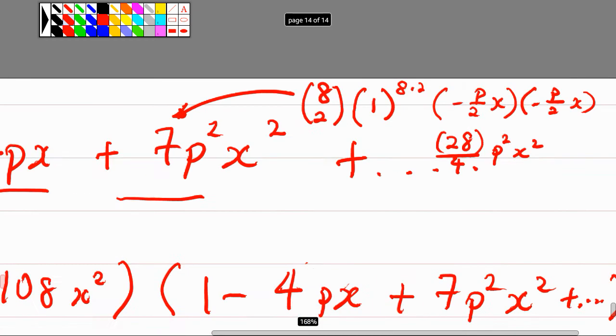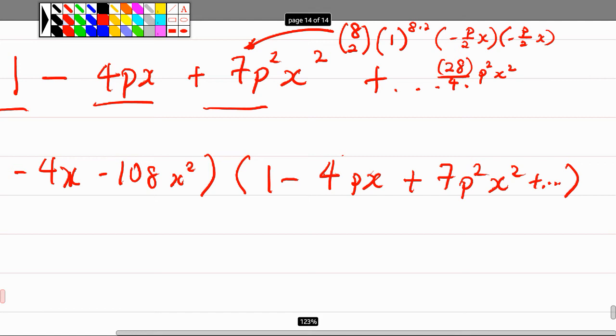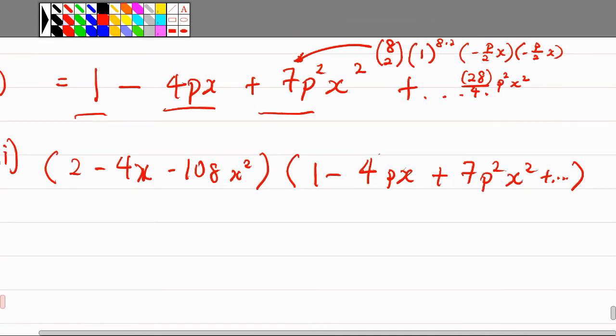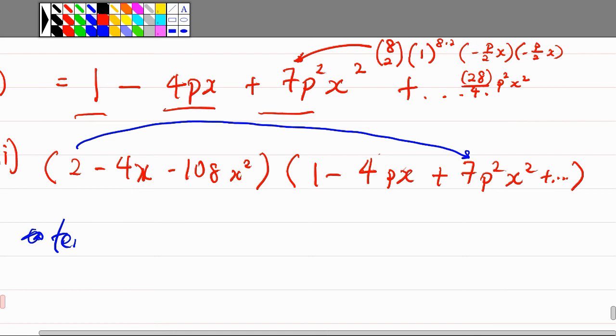Next one. How do I do the selective distribute? One must multiply by what? If I write the terms in x squared, this will be 14p squared x squared.